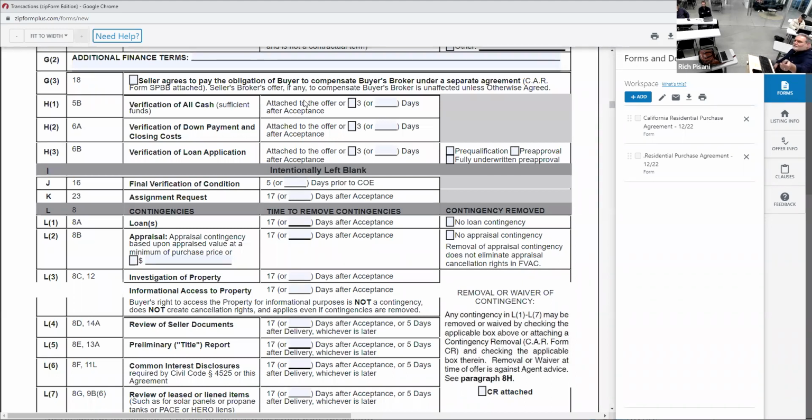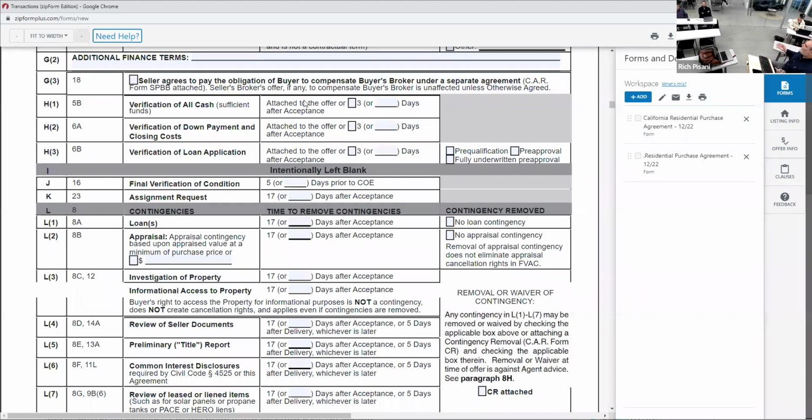With the verification of loan application, there are 3 different types. There's a pre-qualification, which is that I filled out an application and the lender looked at it, and based on what you say here, yeah, you should qualify for this amount.